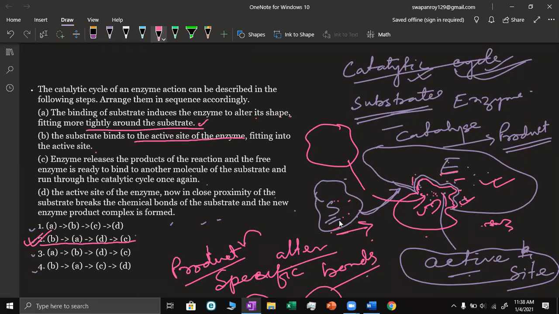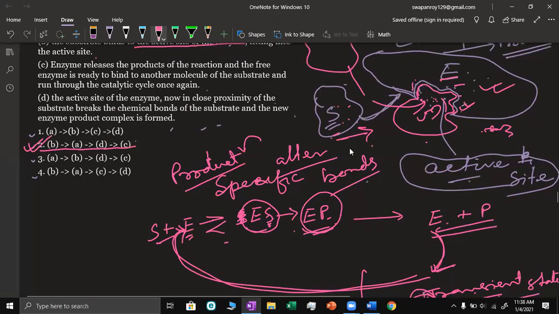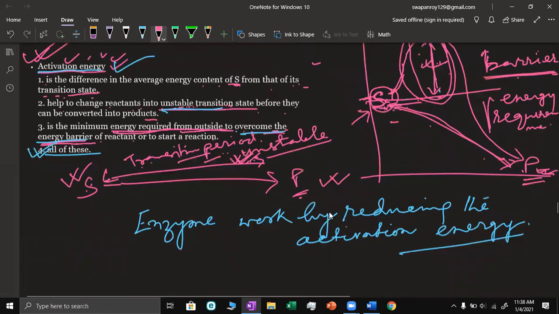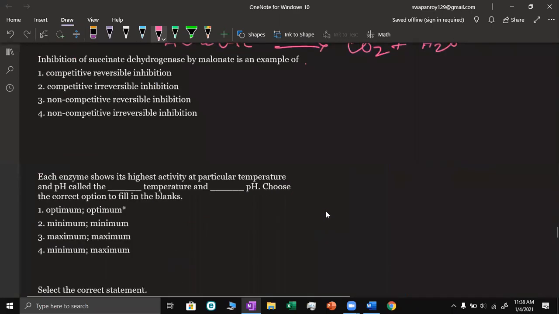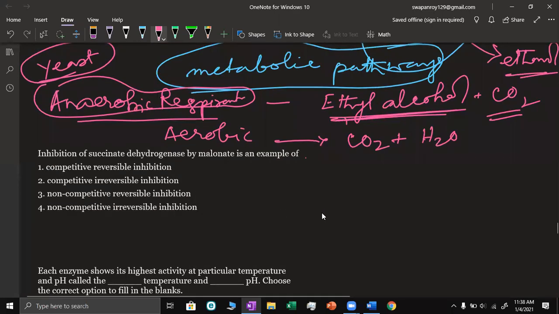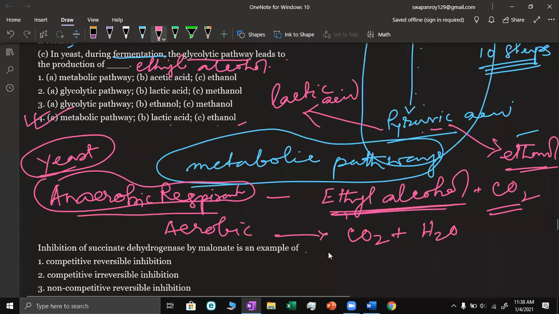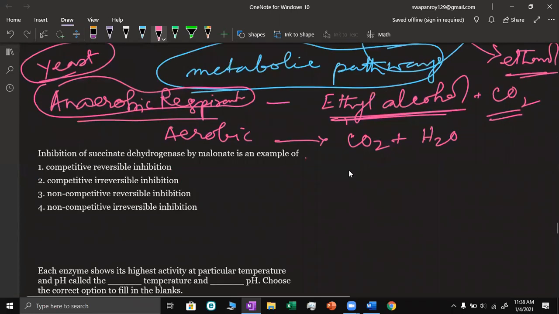So this inhibits the enzymatic reaction. The catalysis is inhibited. This type of inhibition is known as competitive inhibition.